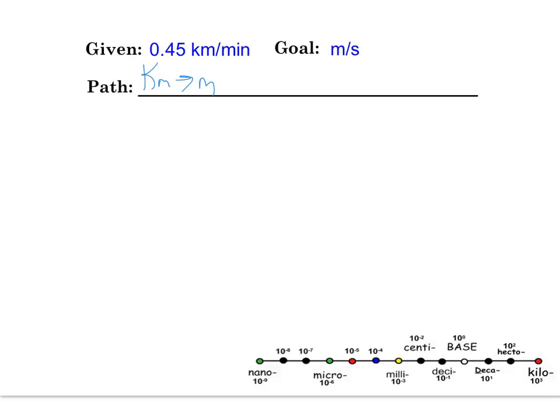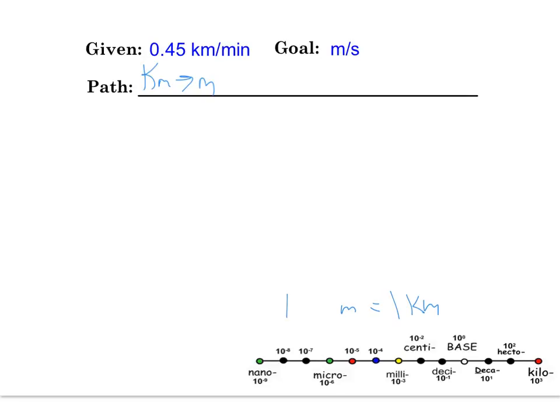Down here, we take a look and we have our base is going to be regular meters, and then we have kilometers over here. So again, we need to think to ourselves, well, which one is smaller? In this case, whatever is furthest left is smaller, so it's going to be regular meters. So we're going to have 1 meter is equal to so many kilometers, and we need to figure out, well, how many meters are in a kilometer?